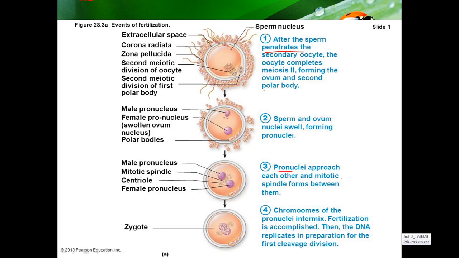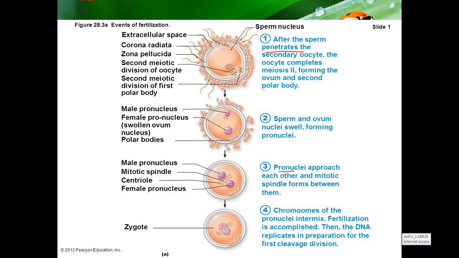The pronuclei approach each other and the mitotic spindle forms between them. There is a formation of this spindle fiber. This spindle is formed due to the presence of the proximal centriole. That is, the chromosomes of the pronuclei intermix, जो chromosomes होते हैं वो intermix होते हैं and the fertilization is finished.